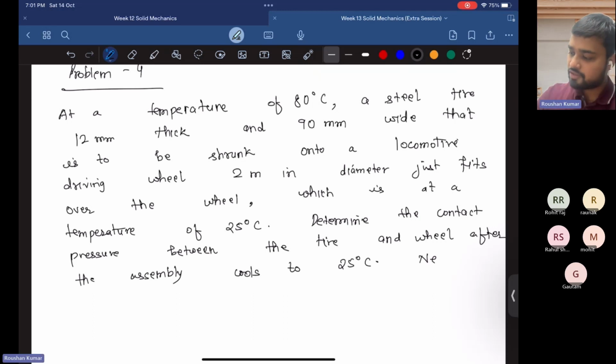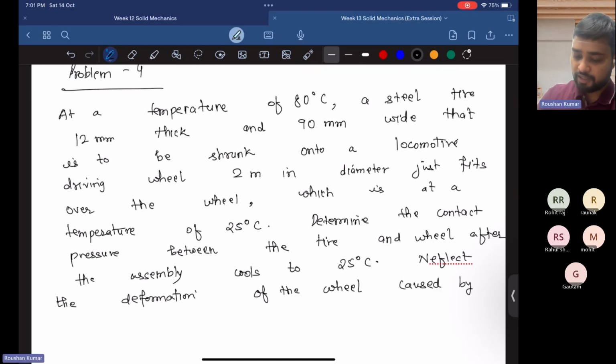Neglect the deformation of the wheel caused by the pressure of the tire.